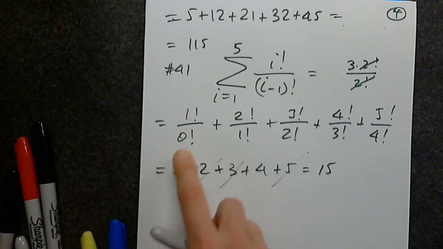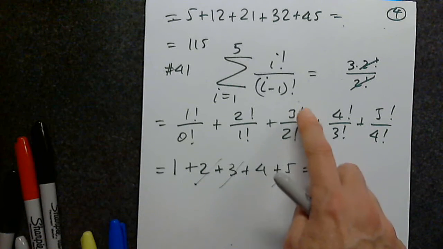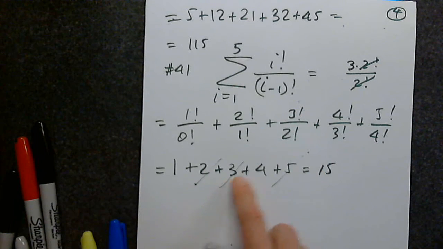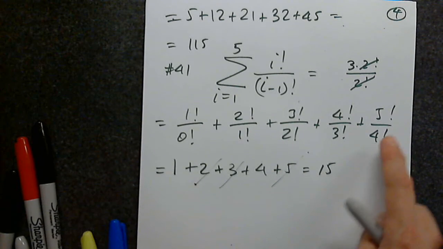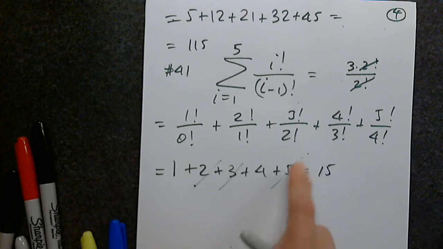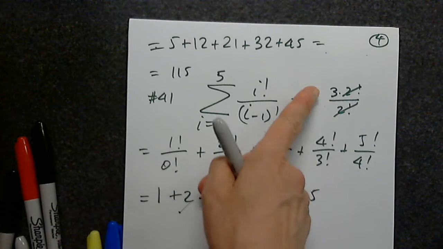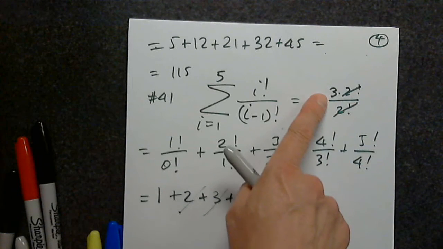1 factorial over 0 factorial is 1. 2 factorial over 1 factorial is 2. 3 factorial over 2 factorial is 3. 4 factorial over 3 factorial is 4. And this is 5. 3 factorial over 2 factorial, that's 3 times 2 factorial over 2 factorial, and I simplify and I get 3.